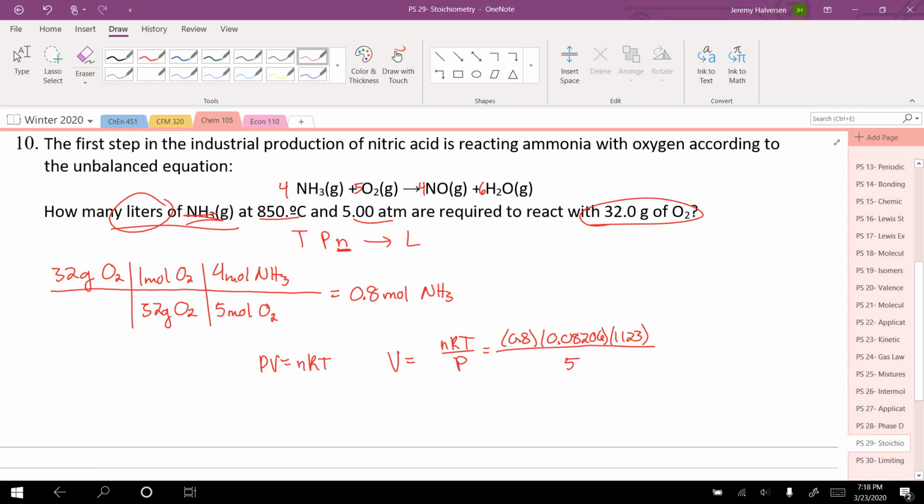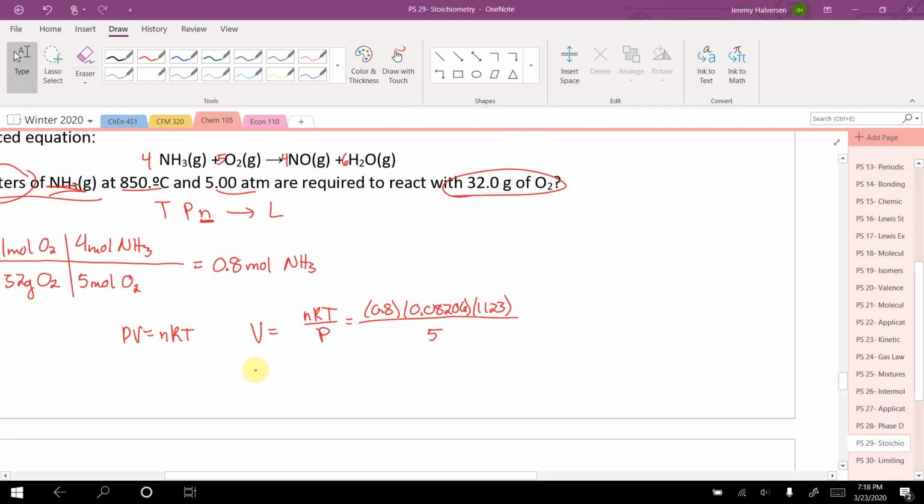Okay, and when I do that, 0.8 times 0.08206, times 1123 divided by 5. There we go. And that gives me, I need 14.7 liters of NH3.